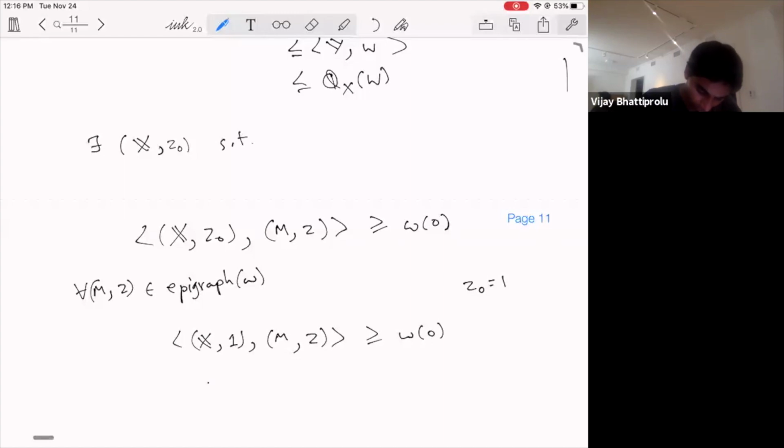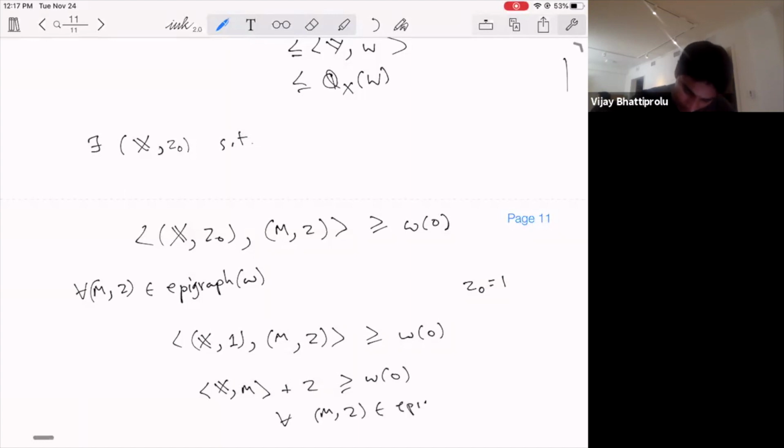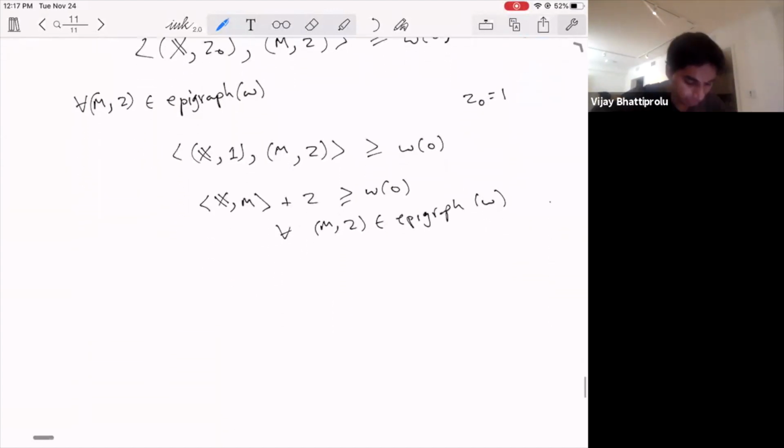So x inner product m plus z is at least omega of 0 for all m comma z pairs inside the epigraph of omega. Now we're going to show that this x that we got is the desired x.